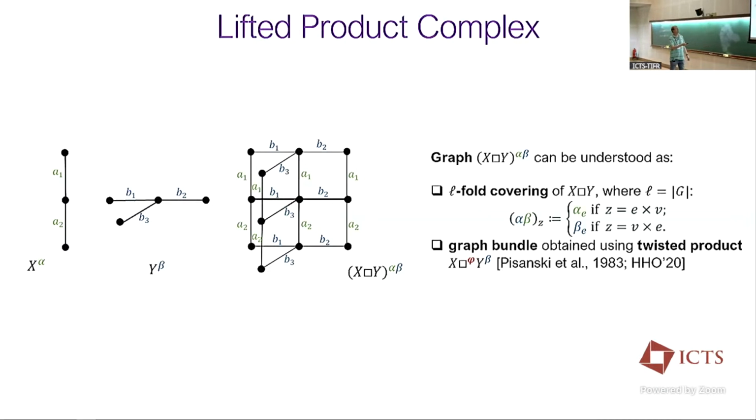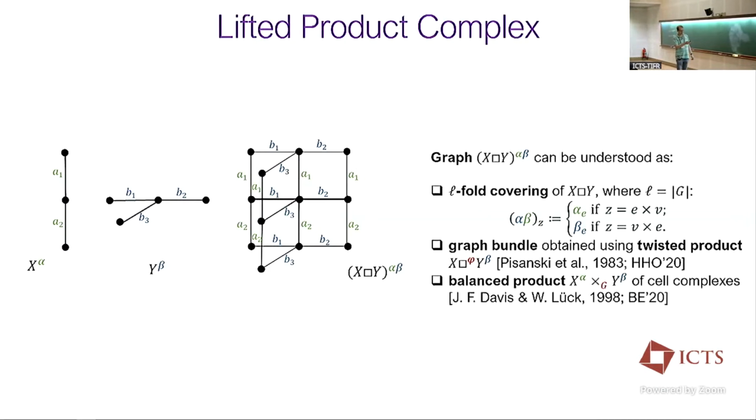Okay, so previously what I showed you is that, at least in some cases, all these three ideas work if we use this arbitrary lift where we allow arbitrary permutations. Of course, we are not limited. The only thing we need to take into account is that every A should commute with every B. And if you look at our paper on lifted product codes, we can see that our general definition was like that.